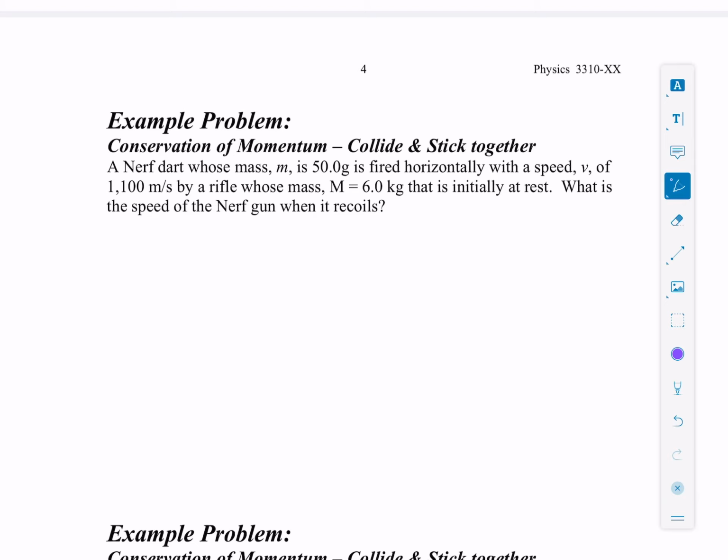This is because momentum is conserved, so your initial momentum is going to equal your final momentum. Initially, the dart is at rest in the gun. Nothing is moving, so the initial momentum is going to be 0.